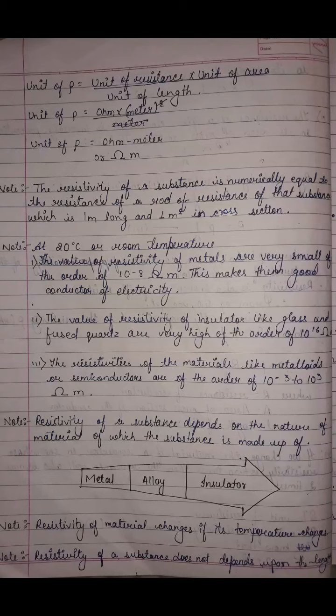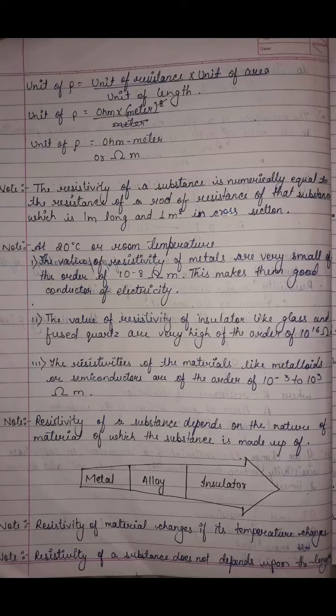So the unit of resistivity is ohm meter. The resistivity of a substance is numerically equal to the resistance of a rod of that substance, which is 1 meter long and 1 meter square in cross section.